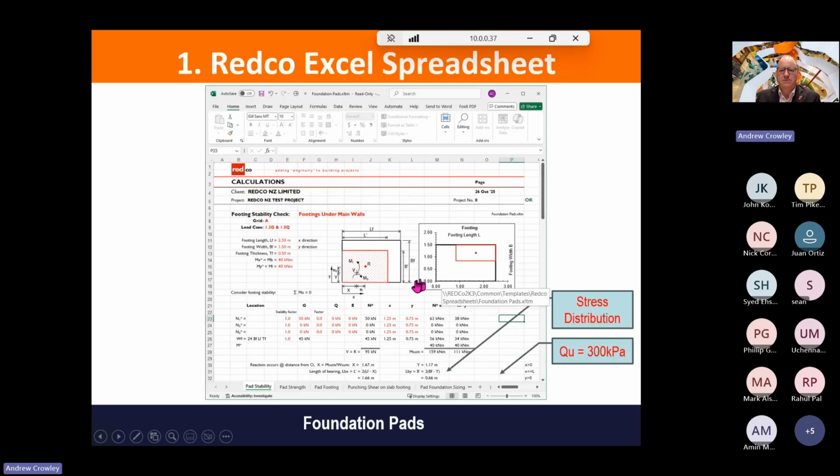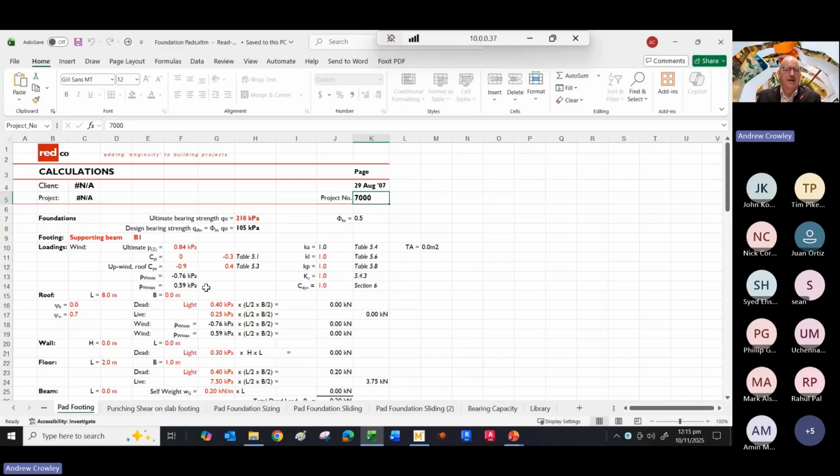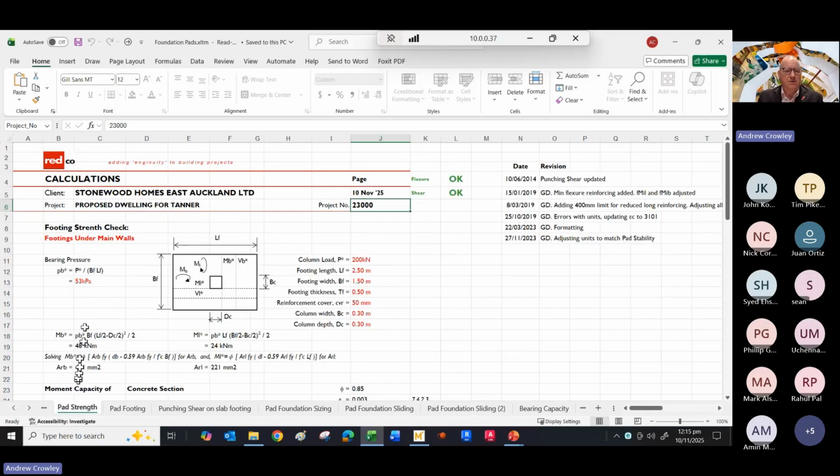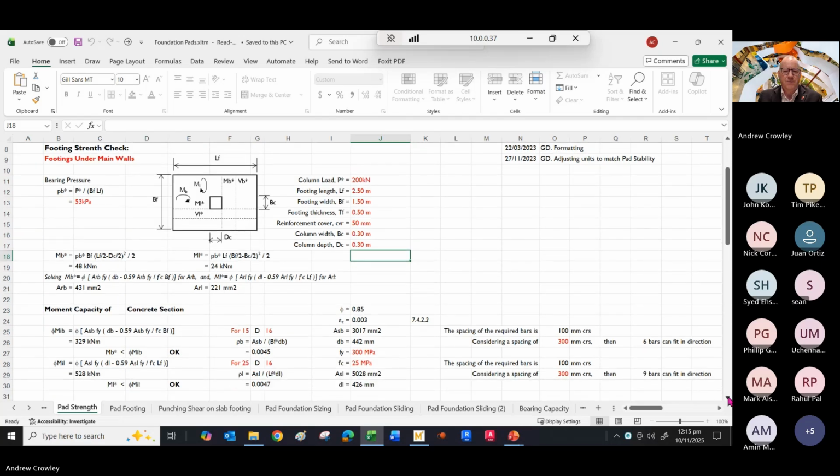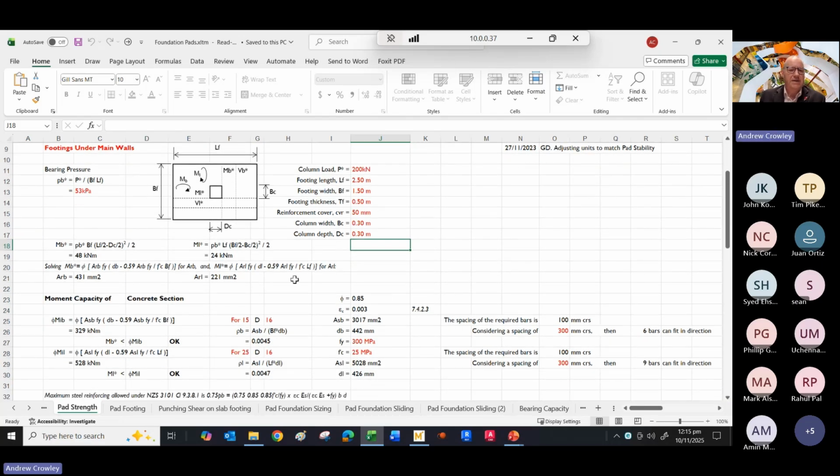So here is our spreadsheet, and it comes under the templates. So basically, most engineers will look at the first page or the first 2 pages. So we put in our parameters in there, and hey presto, we've suddenly got our stress underneath. And so the capacity of the section is given here.